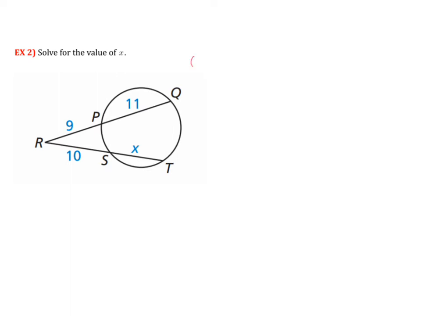So let me go ahead and rewrite the words here. We need to take the external segment of the secant, and we need to multiply it with the whole secant. So let's take RP, which is the external segment of secant RQ.